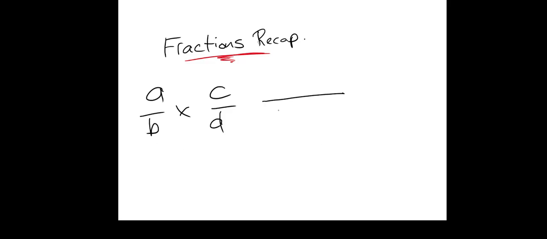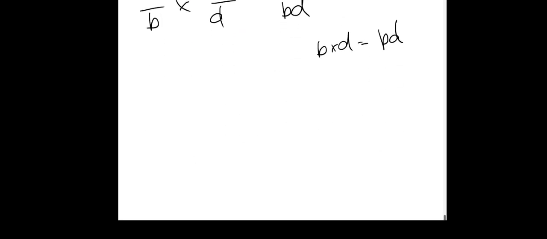Bottom times bottom is B times D, which we can always rewrite as BD. Top times top, A times C, is AC. So far, so good.